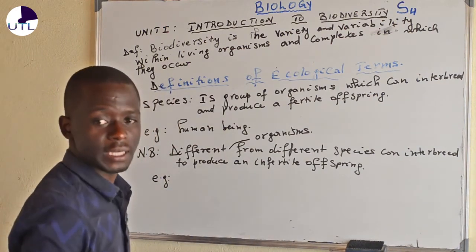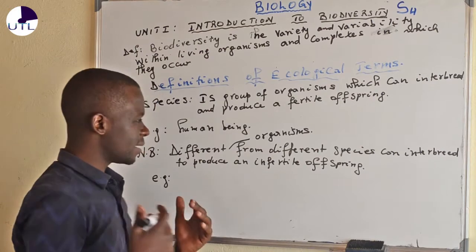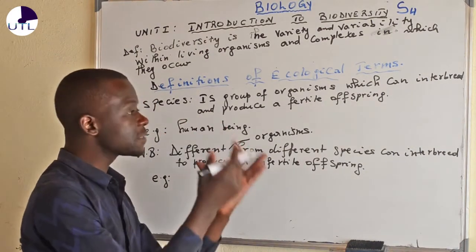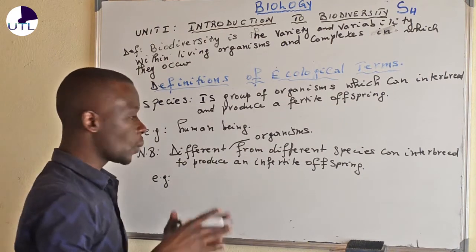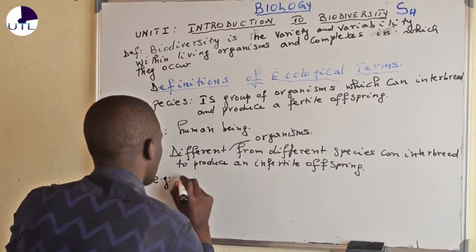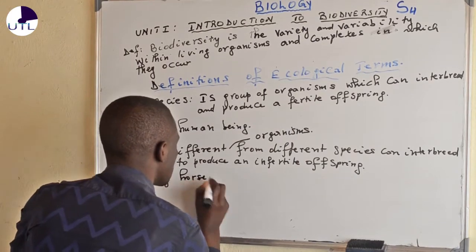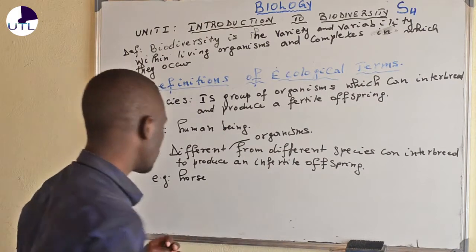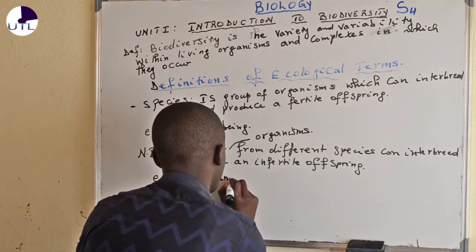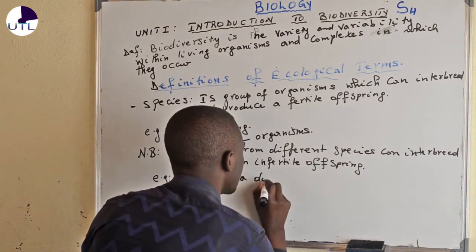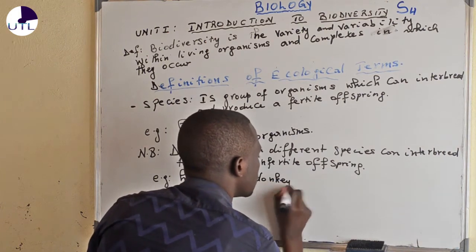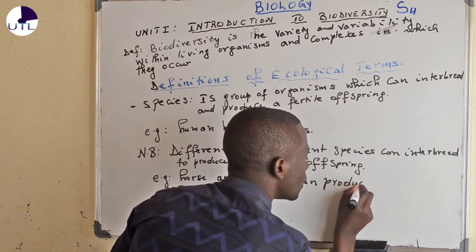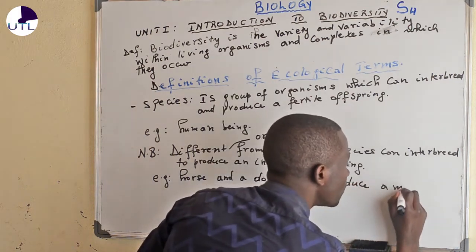Let's have an example here. Usually organisms from the same species interbreed, but when a horse and a donkey interbreed, they can produce a mule.